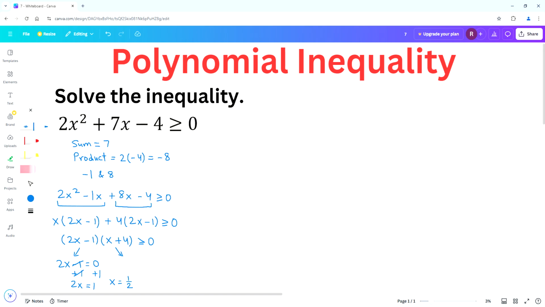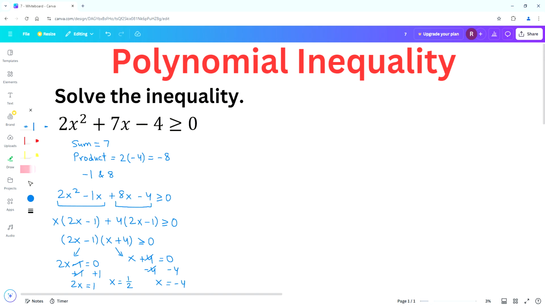Now we can find the second x-intercept. The other x-intercept is -4. The x-intercepts are 1 over 2 and -4.